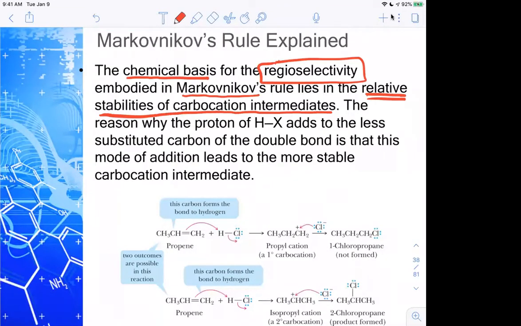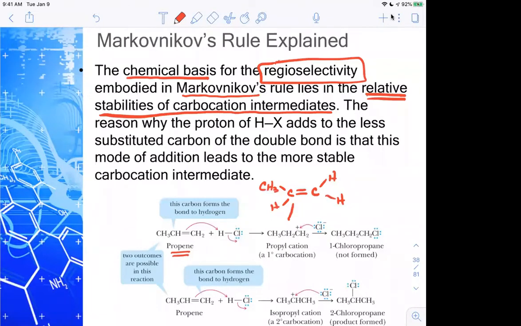So let's look at this. If I have propene, I'm going to draw this out. I have two pathways.